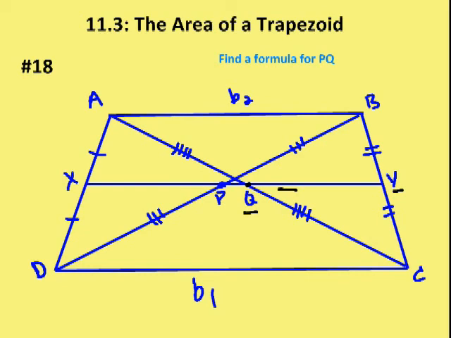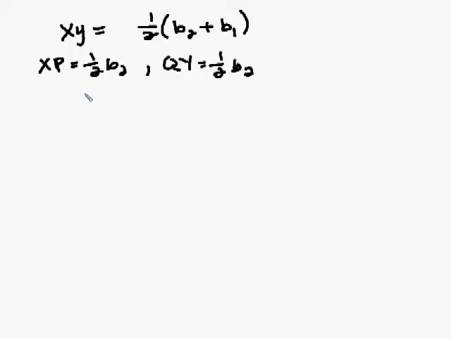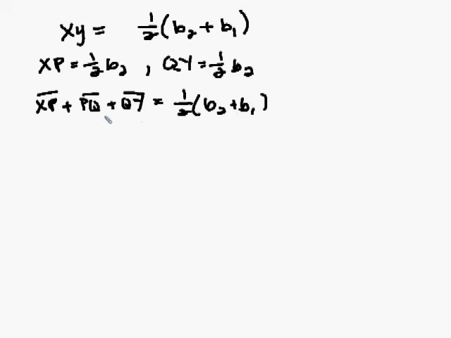So I can rewrite XY as XP plus PQ plus QY. And I know that those equal 1/2 base 2 plus base 1, because these three added together are XY.